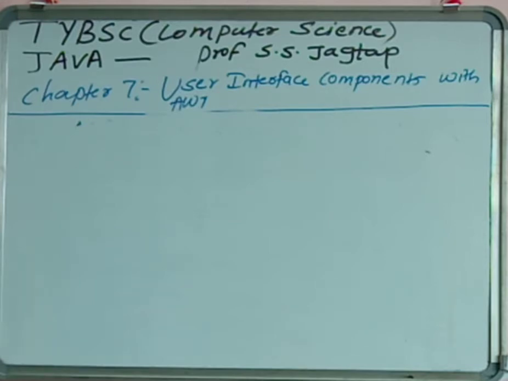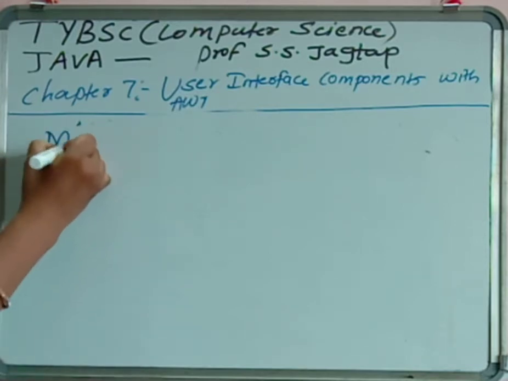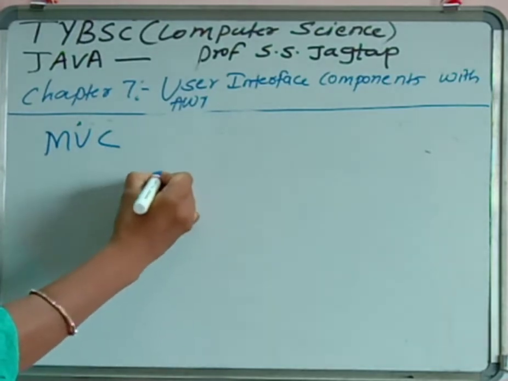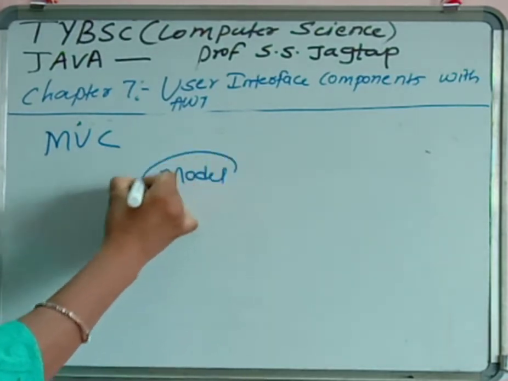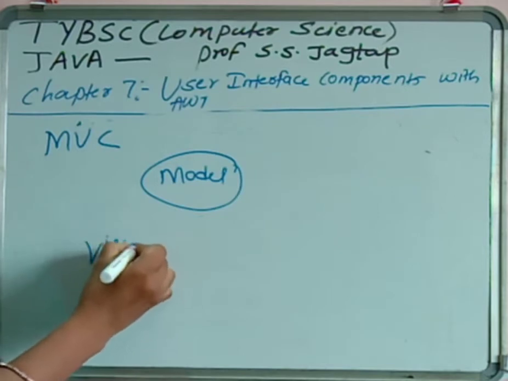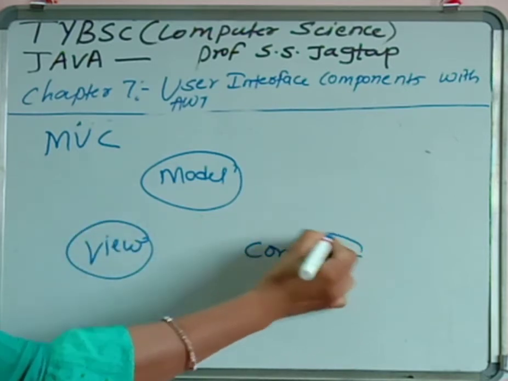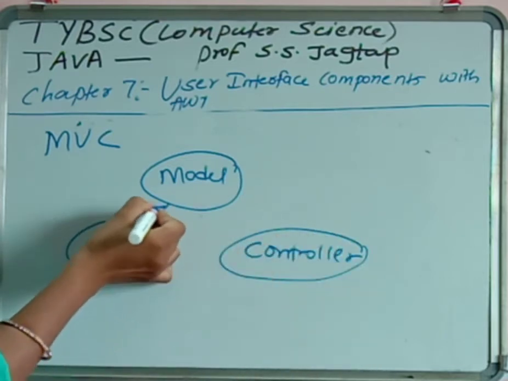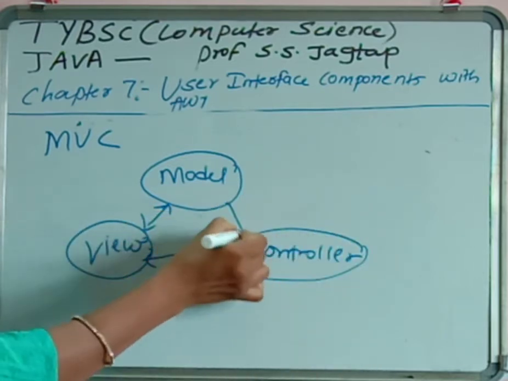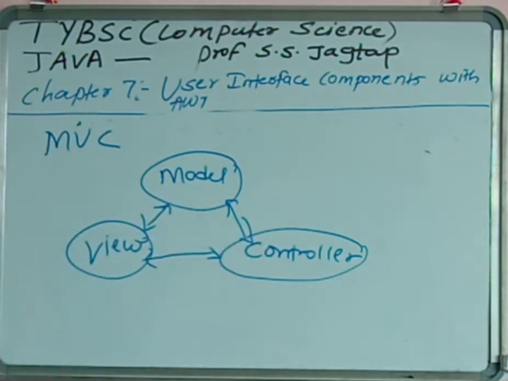The main feature of Swing is MVC, in which M stands for model, V stands for view, and C stands for controller. These three are related with each other. Model is used to store the component data, for example list items and components.